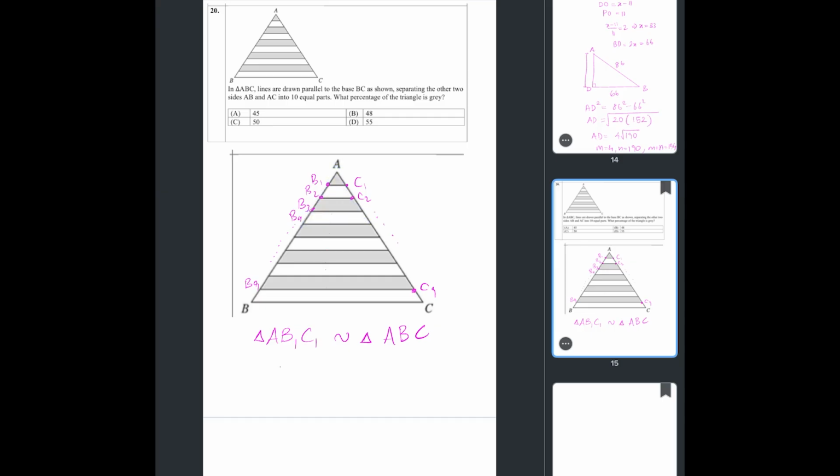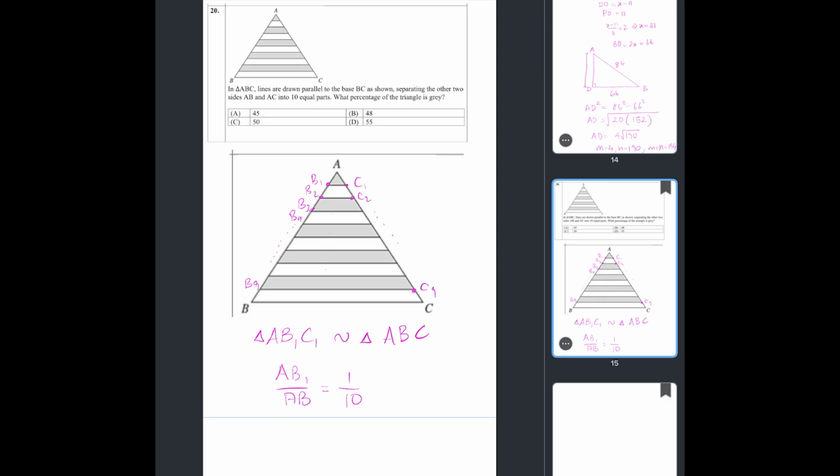So we know that AB1 by AB is equal to 1 by 10, right? And the ratio of areas is the square of the ratios of the sides, right?